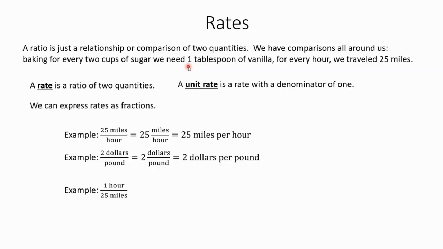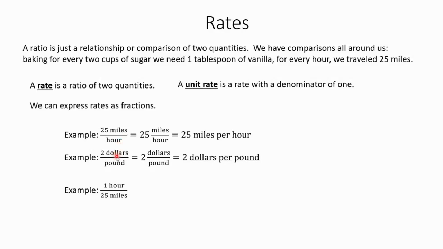That is technically a rate, okay? That's a ratio. So a rate is really just a ratio of 2 quantities together, which we usually express as fractions, as I have down here. You have 25 miles per hour. We wrote that as a fraction, right? This is a rate.